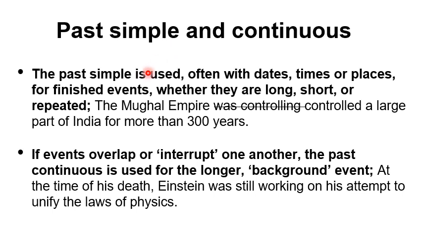For example, the Mongol Empire controlled a large part of India for more than 300 years. The sentence obviously means that the Mongolian people are not controlling India at the moment. They did control it in the past for more than 300 years.